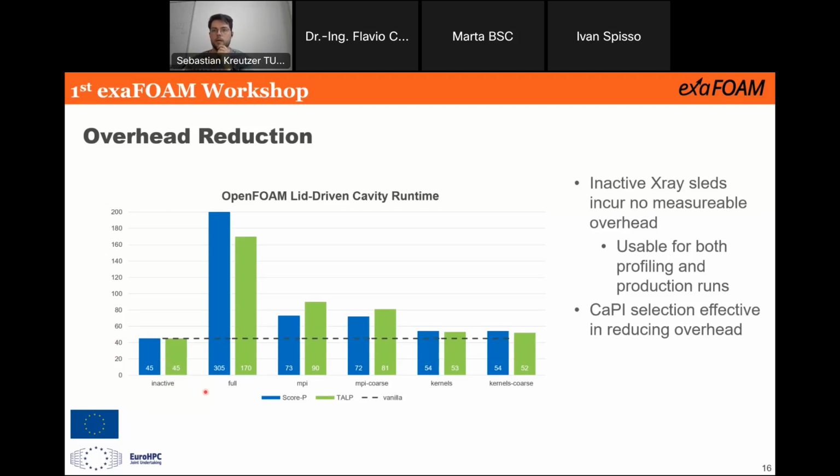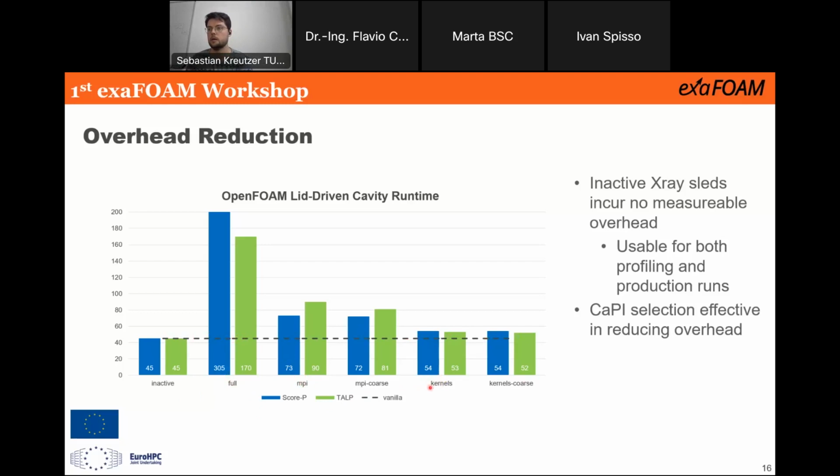Then here, sorry, I should explain the plot. So we have measurements for CaPI and for the Tau measurement system. The line is just the baseline, so the non-instrumented version. And then we have full instrumentation here and four different CaPI generated versions. MPI is similar to what was shown before, it instruments the MPI call path.